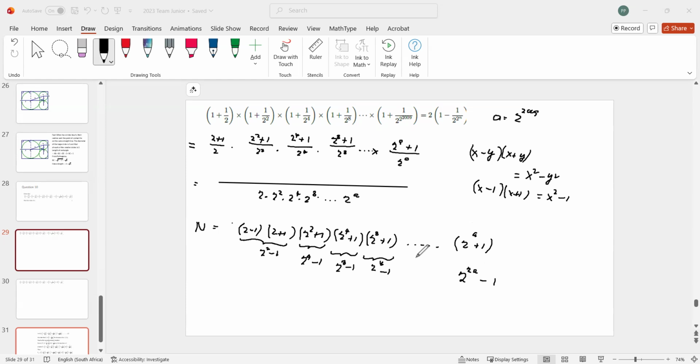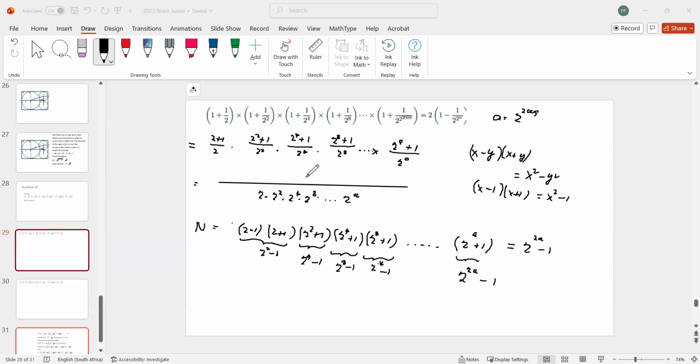In other words, this entire thing simplifies to 2 to the power of 2a minus 1, because we are multiplying it term by term, and this is the product of the whole lot.